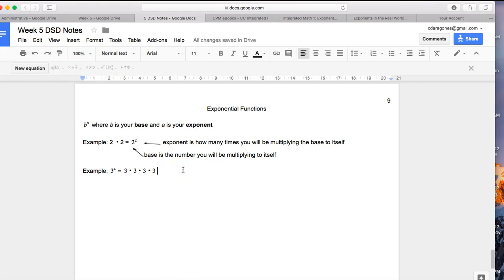So it's really annoying to have to write out 3 times 3 times 3 times 3. Exponents are a great way for us to write that more efficiently, right? Instead of writing 3 times 3 times 3 times 3, we can just write 3 to the 4th power. 3 to the 4, meaning I'm going to take 3 and multiply it to itself 4 times.